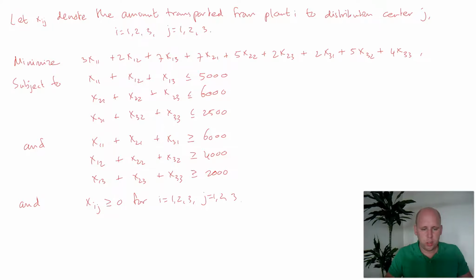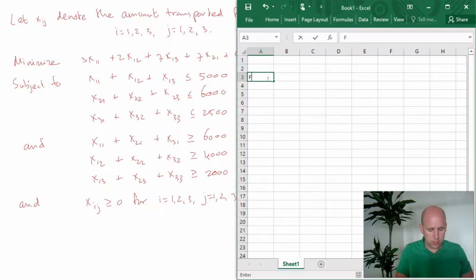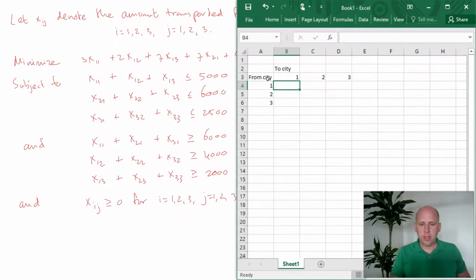So let's switch to Excel, and then I think in Excel it's very useful to use the kind of matrix structure that we have in our problem. So what we can say is that from city 1, 2 and 3 we ship certain amounts to cities 1, 2 and 3, and then the set of decision variables can be represented by this square matrix. So these cells will represent the decisions that we are going to make.